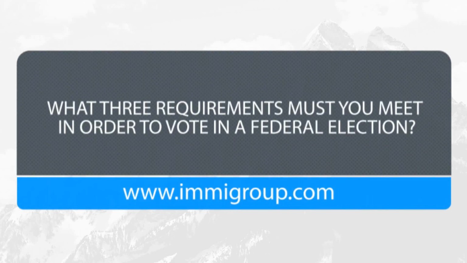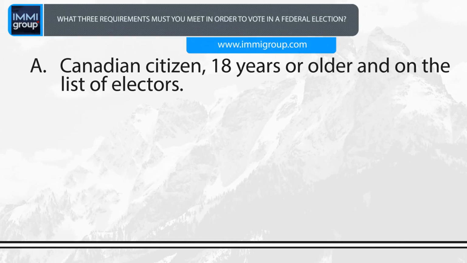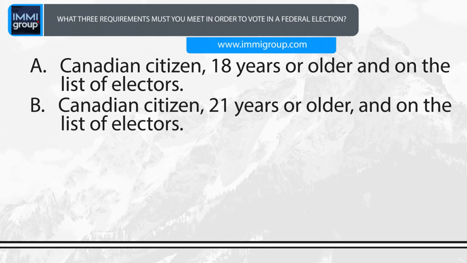What three requirements must you meet in order to vote in a federal election? A. Canadian citizen, 18 years or older, and on the list of electors. B. Canadian citizen, 21 years or older, and on the list of electors.